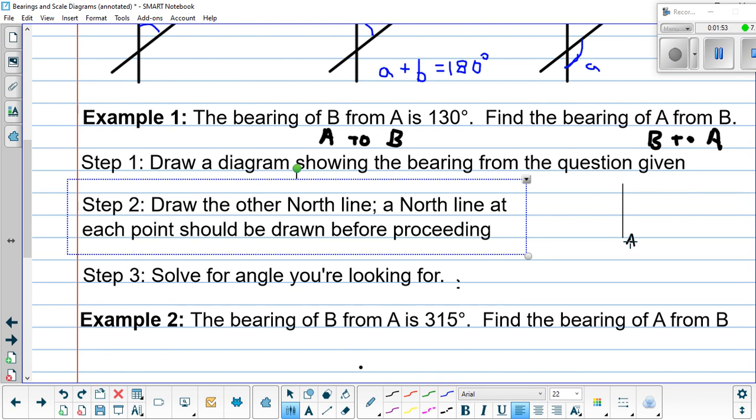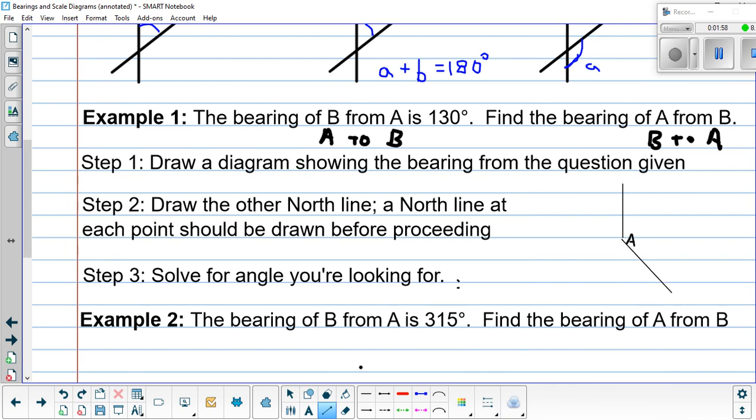I know it's 130, and if 130 is somewhere down here, we're just going to call this 130 degrees, and we'll call this B, right? So that's basically what the first full stop tells us.